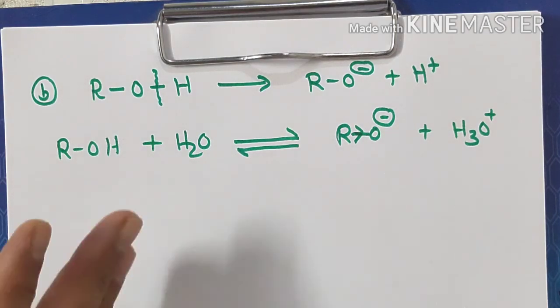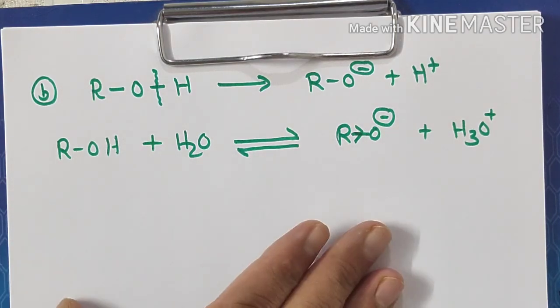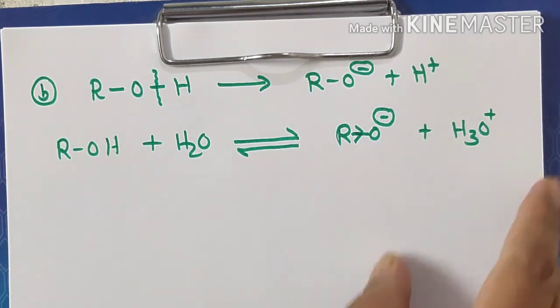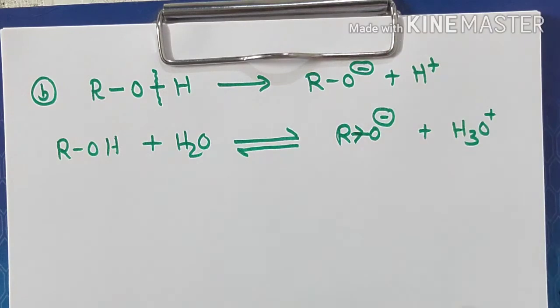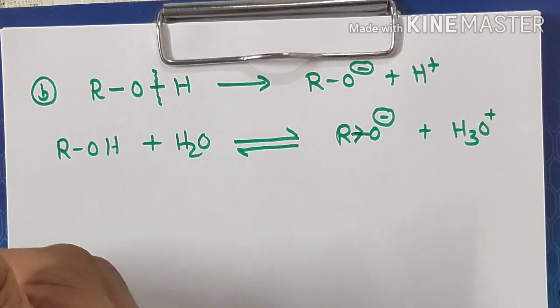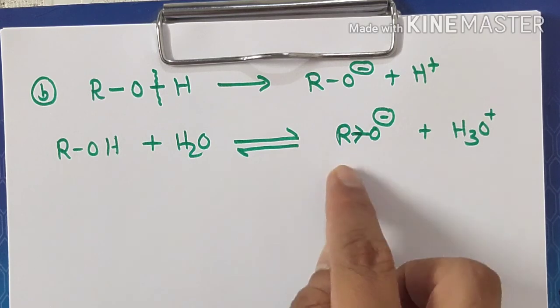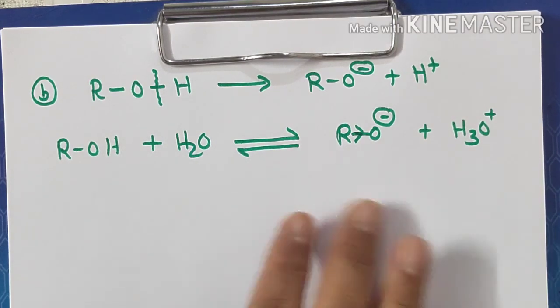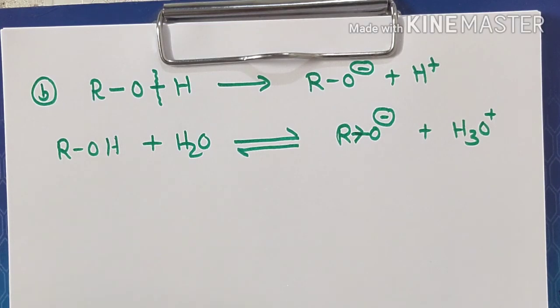If you want the reaction to move in the forward direction, then as soon as this is formed, we remove the hydronium ion which is formed. When this is removed, the reaction will not go in the backward direction. This we can do, but the alkoxide is actually unstable, so the reaction is not going to proceed further in the forward direction. Now this is actually the ionization of alcohol.